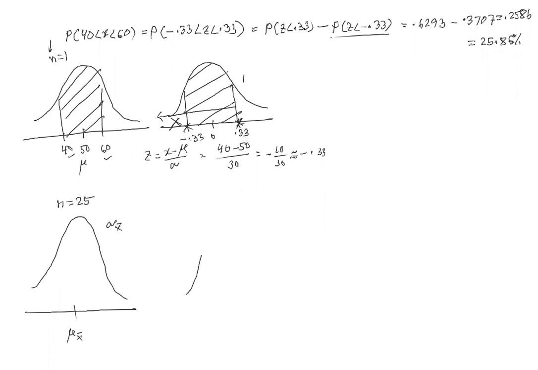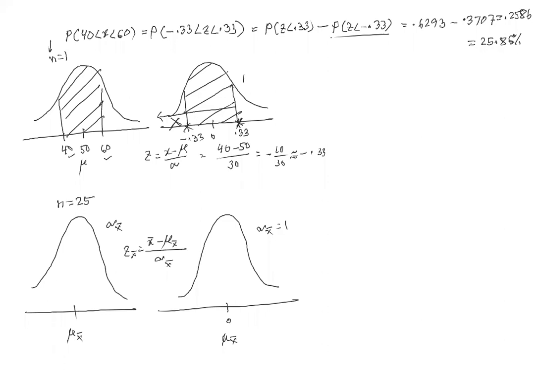And we have to convert it into the standard normal distribution, where mean is 0 and sigma sub x bar is equal to 1. Now to go back and forth between these two, we're going to use z sub x bar equal to x bar minus mu sub x bar over sigma sub x bar.